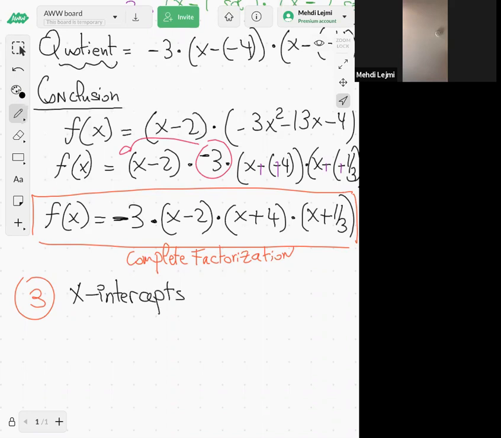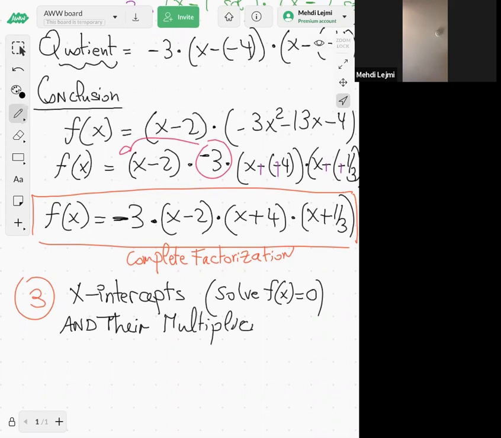And their multiplicities. So remember, guys, for x-intercepts, all you have to do is solve f of x equal to 0. That's the point of why we factored f of x completely, because now I can write, I want to solve f of x equal to 0.